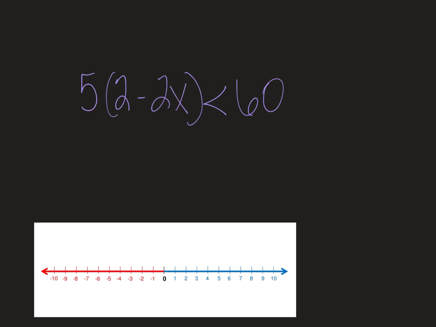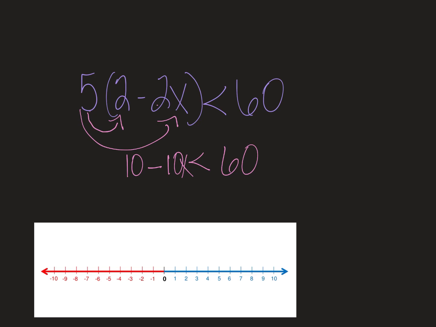Exactly, good job. We're going to use the distributive property, meaning we're going to multiply 5 times 2 and 5 times 2x. 5 times 2 is 10. Bring down your subtraction sign. 5 times 2x is what, guys? 10x, less than 60.